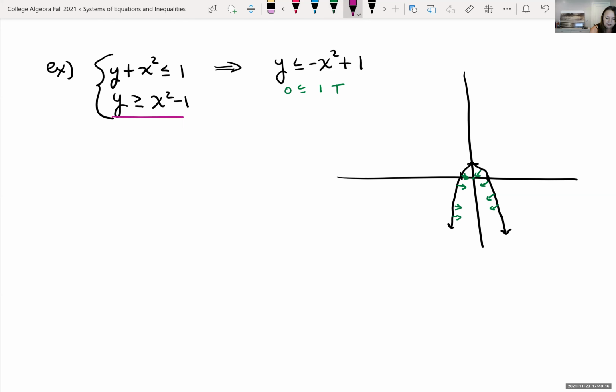The other equation is x squared minus 1. To me, this is a parabola facing up, but shifted down 1 unit. This is everything that is greater than or equal to, so this would be everything inside the parabola shape, but we can test it with (0, 0) again. Is 0 bigger than or equal to 0 minus 1? Yes, 0 is bigger than -1. And so we shade inside.